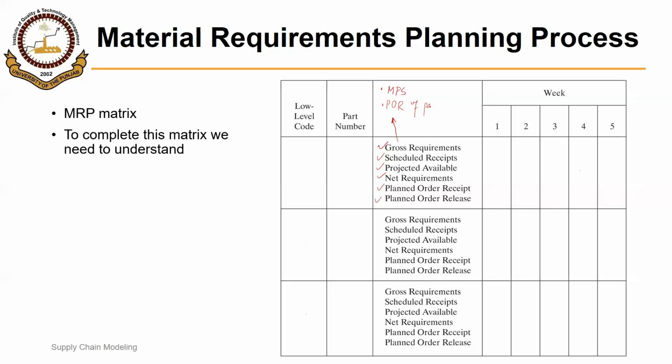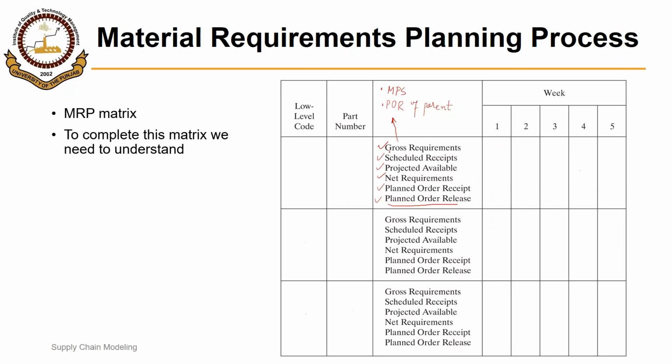So these are two possibilities. Gross requirements for the end item come from the MPS, and gross requirements for the components and sub-assemblies come from the planned order release of the parent or the higher level sub-assembly or component, as we saw in the bill of material.